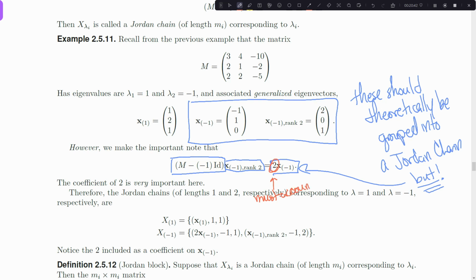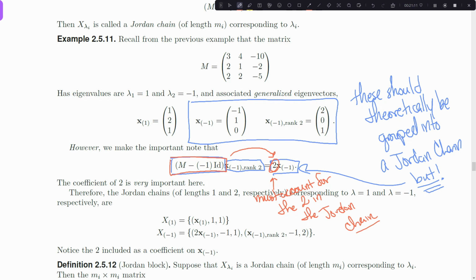We have to account for the 2 in the Jordan chain. Okay, that's what makes it truly a chain and not just a collection of generalized eigenvectors. The chain needs to account every time the eigenvalue matrix is acted on the generalized eigenvector. It needs to exactly output the next element in the chain.